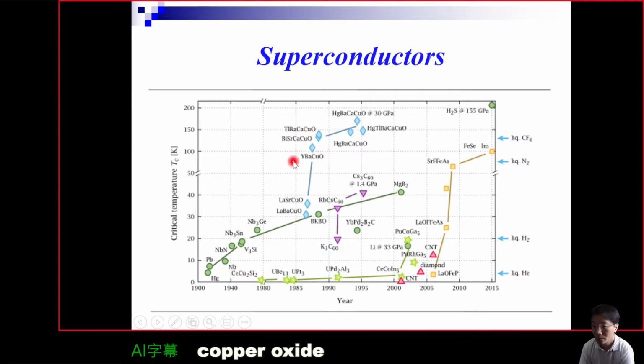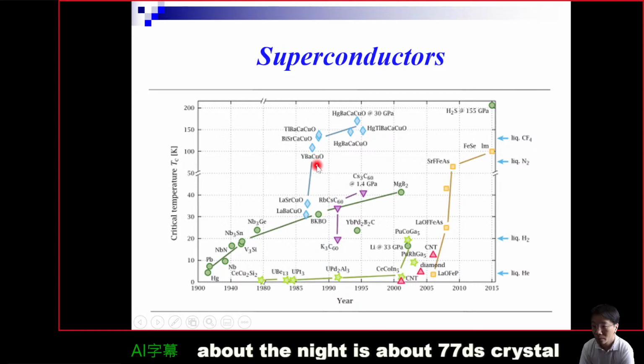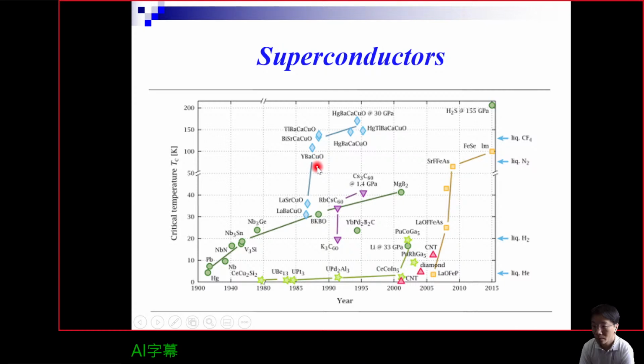Its critical temperature is about 90 K, which is above 77 K of liquid nitrogen. That means, because liquid nitrogen is very cheap, there is almost 75 to 80% nitrogen in the air, so you can liquefy it very easily and get a cheap environment for those superconductors.